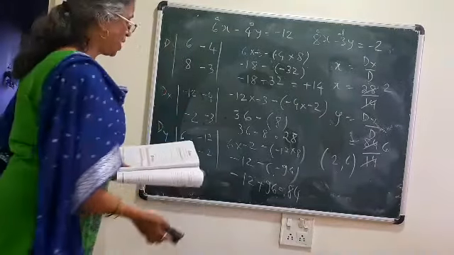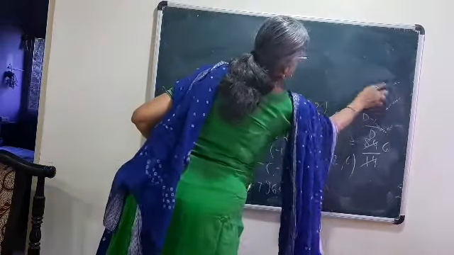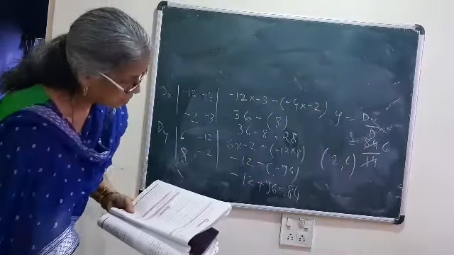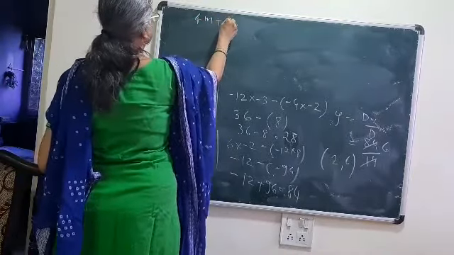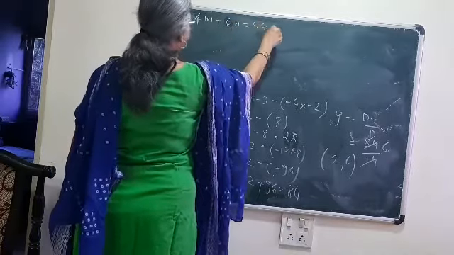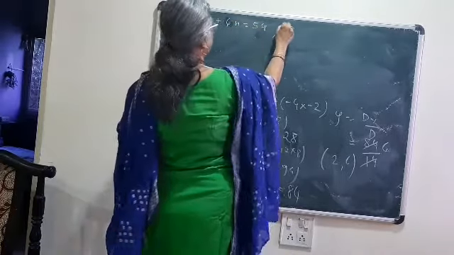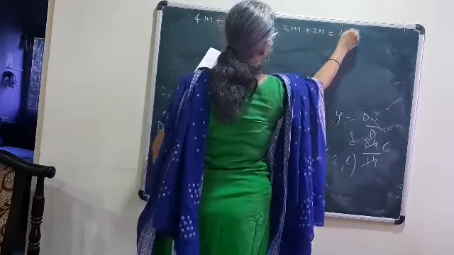Then question number 5. 4m plus 6n is equal to 54. 3m plus 2n is equal to 28.